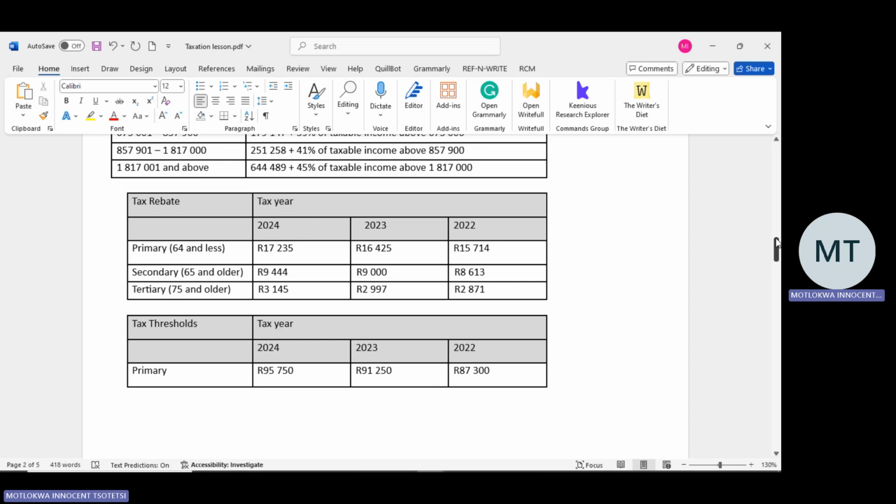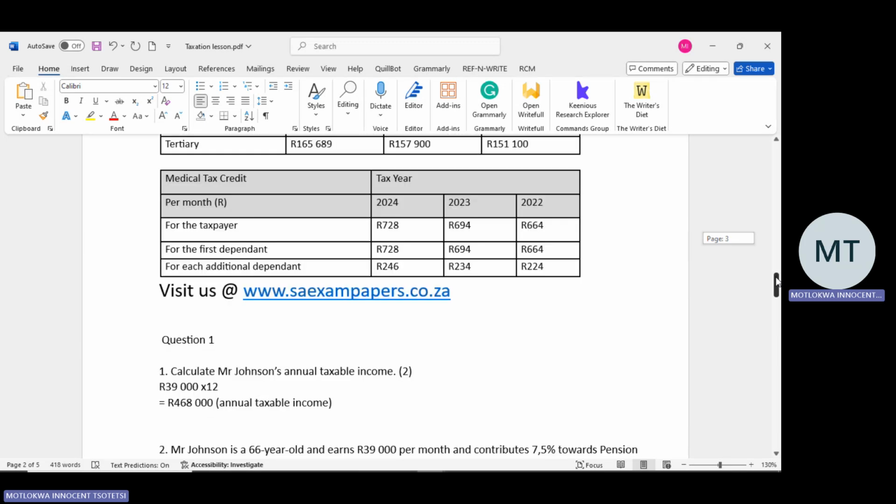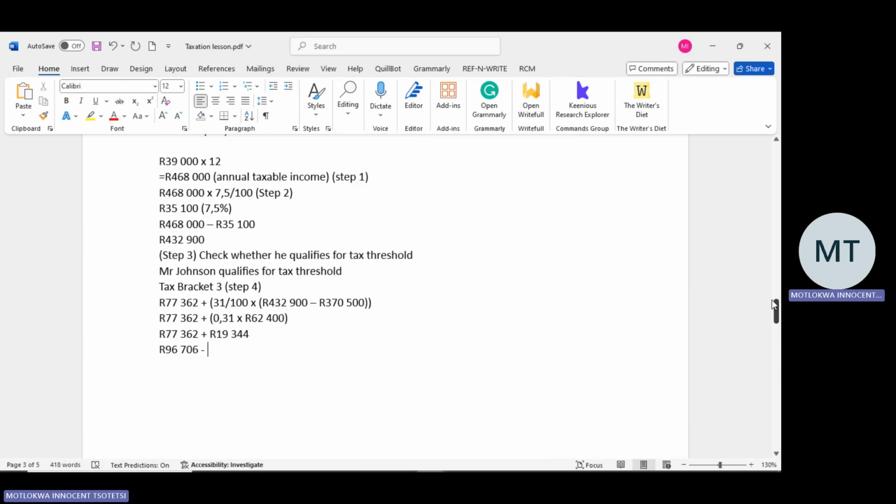So we are going to add the amounts of primary and secondary rebates before deducting. Or you can simply take the amount as it is for primary, say 17,234, which is for primary.